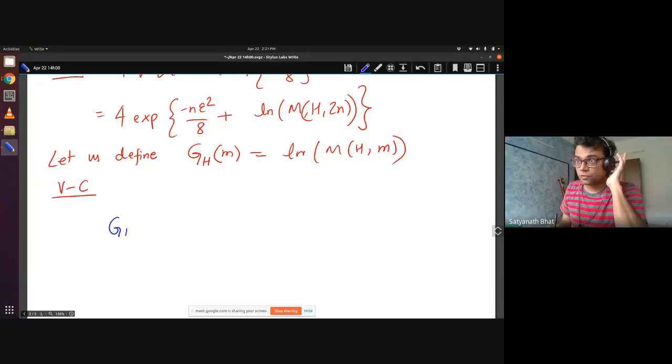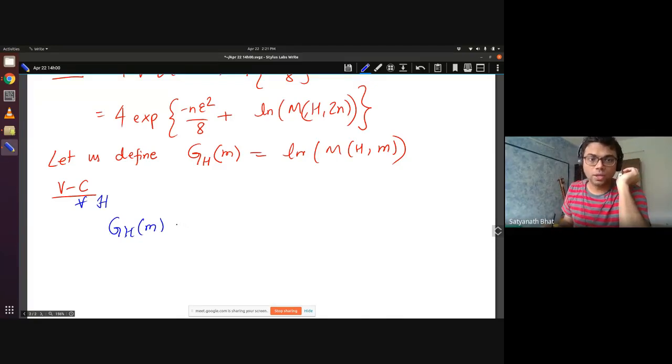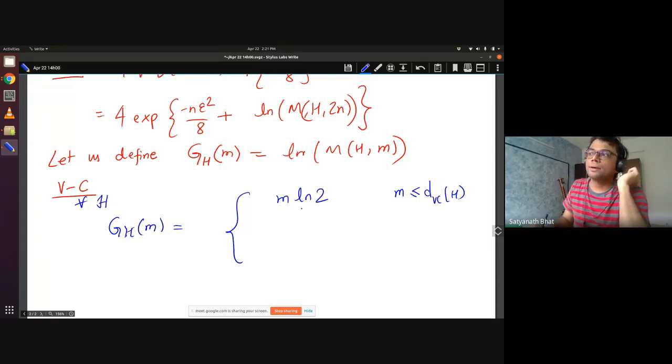The growth function of every hypothesis class H, no matter what H you choose, has two regions. One region is until a particular point, which is called the VC dimension of the hypothesis class. Until the VC dimension, you get 2 power m, like m ln 2. That means you are able to shatter until the VC dimension.